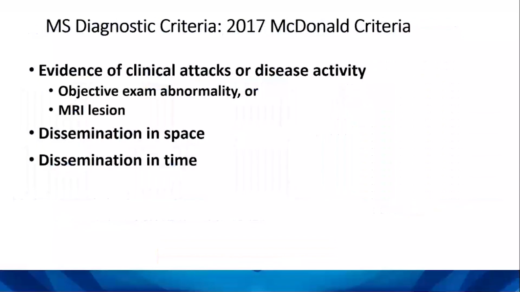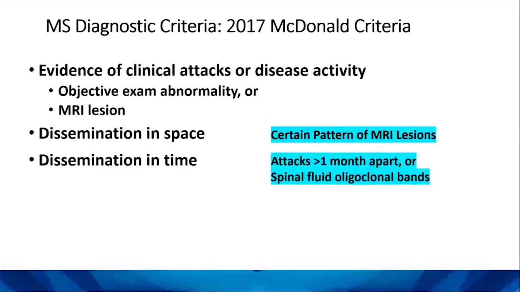So what about MS? MS, as you're all aware of, we have to have attacks in time and space that affect the nervous system. And these tests can be having a certain pattern of lesions as we look at them on an MRI scan in your brain. And we can look for time-based patterns that even aren't there at clinical symptoms when we sample your spinal fluid.